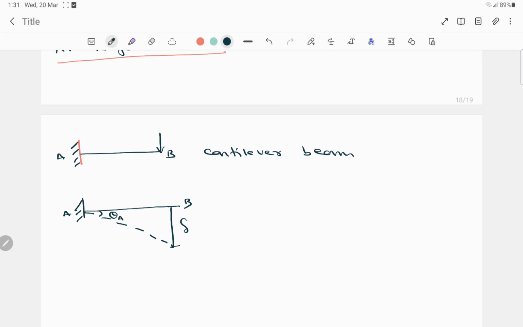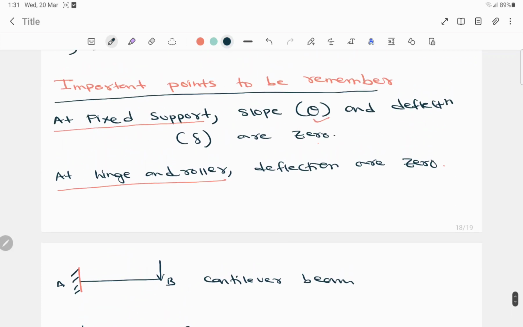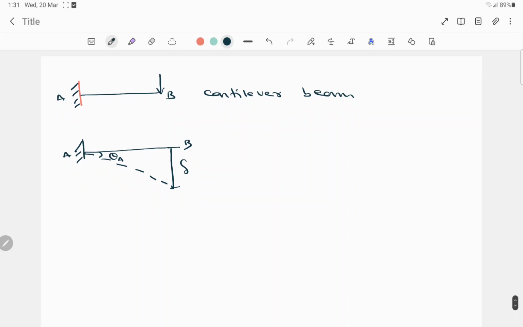So here in my important points, I have already mentioned at the fixed support, the slope as well as the deflection will be 0. So here see, this support is fixed, so there will be no deflection. Okay, but here the slope will also be 0. Why? Because there will be some deflection, but it will be too small.